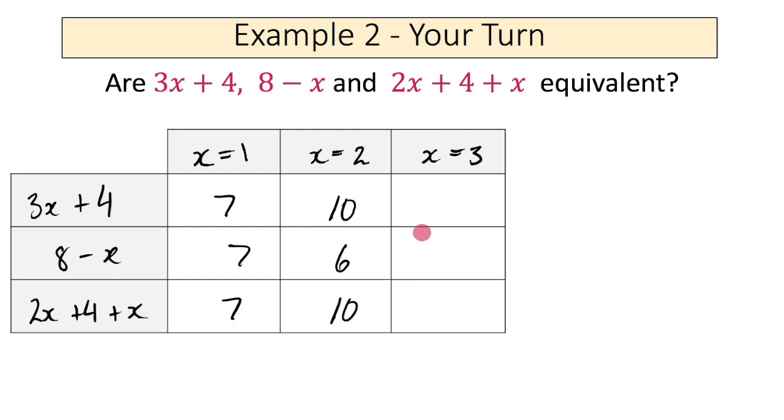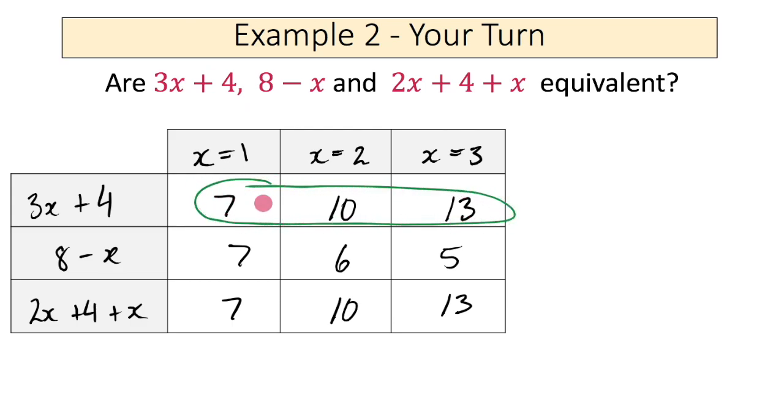Then I'm going to get x equals 3, so I'm putting in 3 into all my x's. I'm getting 3 times 3 is 9, plus 4 is 13. Here I'm getting 8 minus x, so 8 minus 3, so that's 5. And then lastly, I'm getting 2 times 3 is 6, plus 4 is 10, plus 3 is 13. So as you can see, all of these and all of these are giving me the same answers.